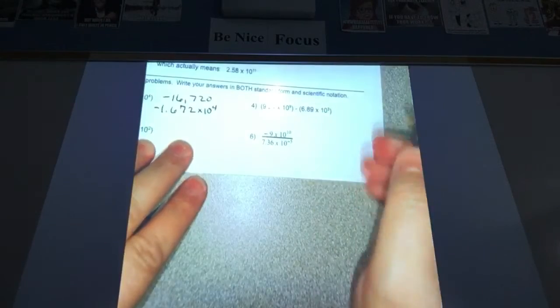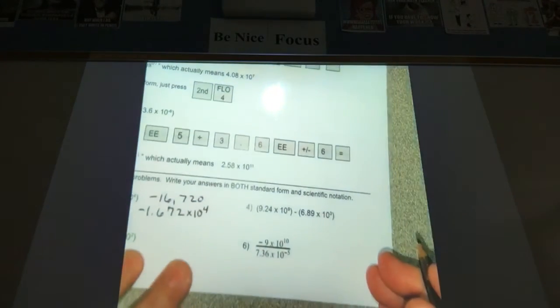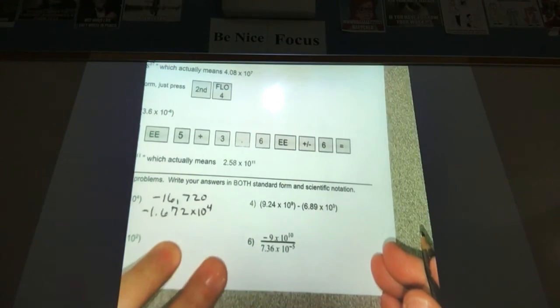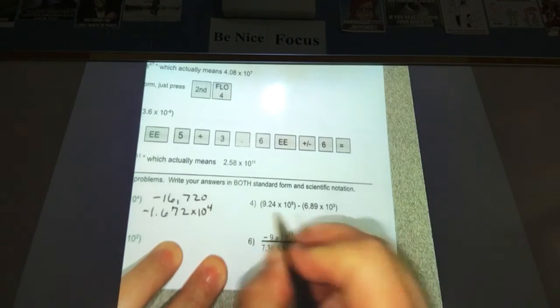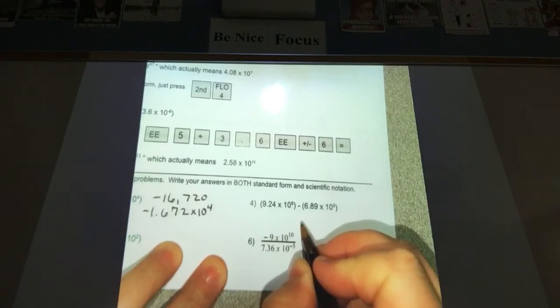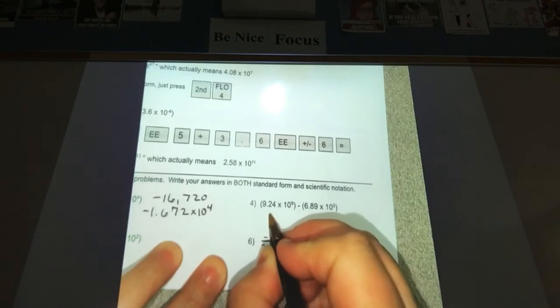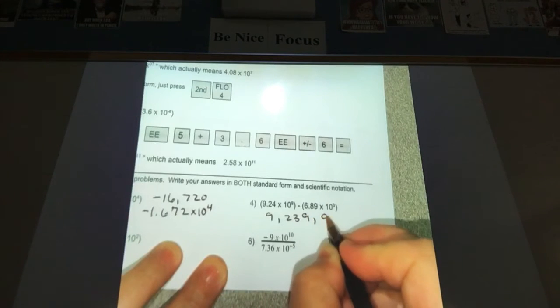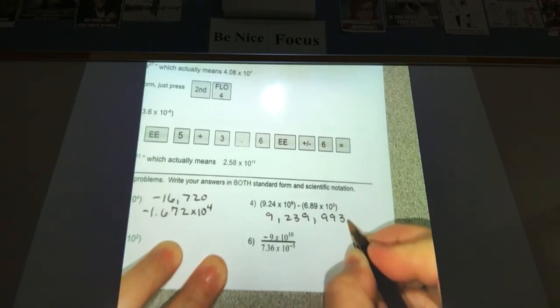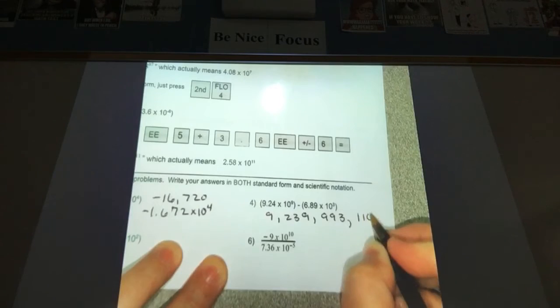Number 4. Oh, I'm probably in the glare of all of that, sorry. Number 4. In standard form, it is 9,239,993,110.